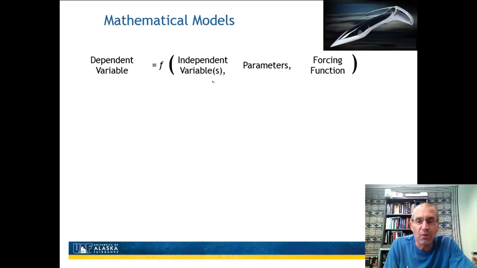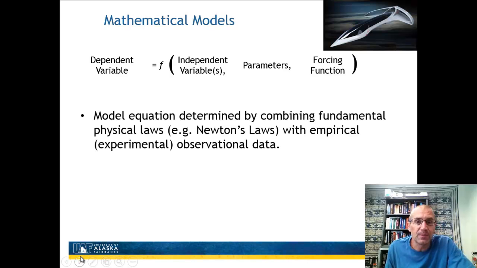Usually we can break those up into independent variables, and a lot of times this is the space and location that the object is operating in. There might be a set of parameters, for example, how large the wings are, the pitch of the wings, the depth of the wings, all sorts of stuff. And then there might be forcing functions, for example, what's the wind velocity that this plane is experiencing.